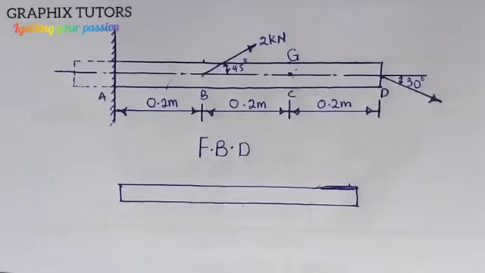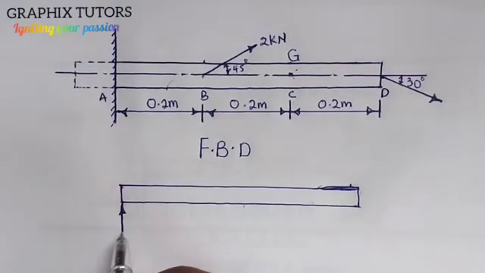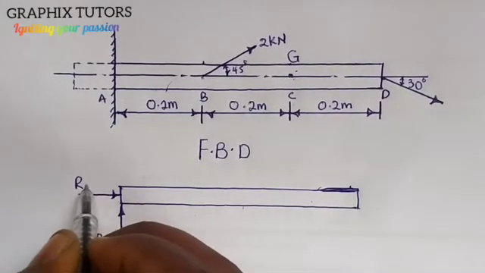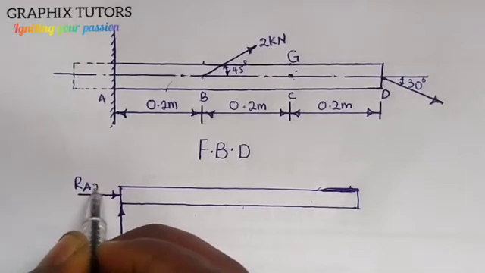The first reaction will be acting upward like this, which we'll call AY, which means reaction at point A along the y-axis. The second reaction will be acting along the x-axis, like this, which will be AX.